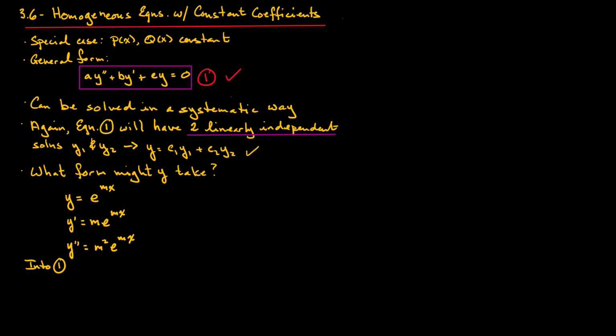We have our constant coefficient a multiplied by m squared e to the mx plus our constant coefficient b multiplied by m e to the mx plus the constant coefficient c multiplied by our proposed solution e to the mx, all of this being equal to 0.